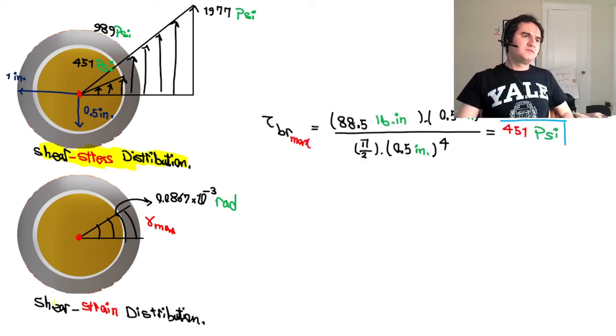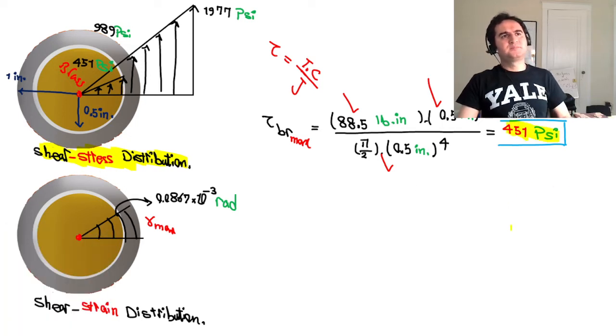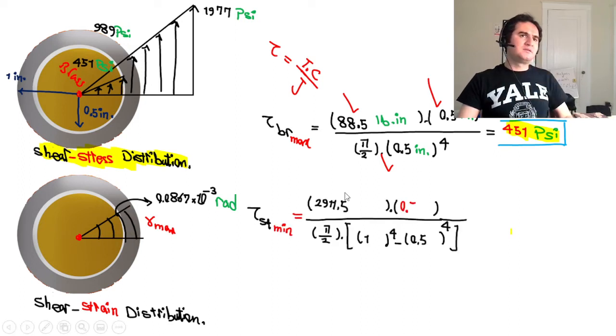For doing that, we know tau is Tc over J, torsion times radius over J. If we apply that to the brass core, that's the torsion of brass times the radius of brass, the center material, which is 0.5 inches, over the polar moment of inertia for brass. If you do that, it gives you 451 psi.